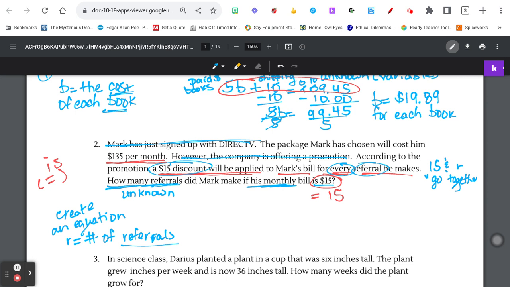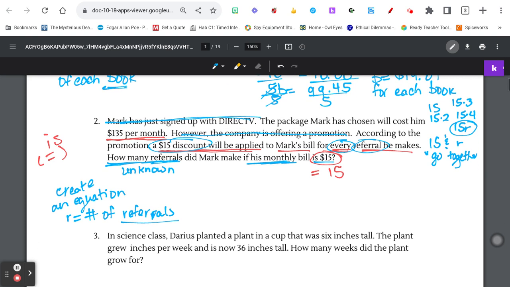So he's going to get $15 off for one referral. He'll get 15 times 2 for 2 referrals. He'll get 15 times 3 for 3 referrals. 15 times 4 for 4 referrals, or $60. But if it's R referrals, because we don't know, it's 15 times R. So 15 and R get multiplied together.